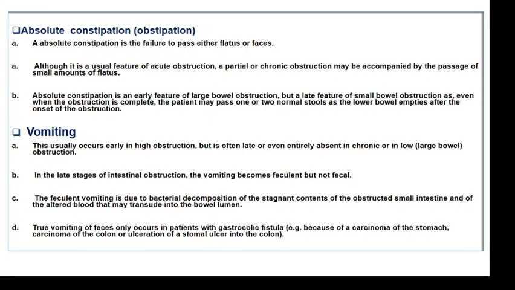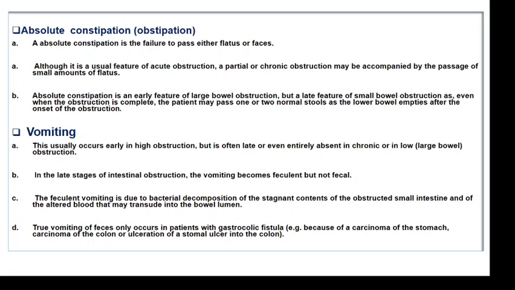Absolute constipation, or what we call obstipation, means there will be failure of passage of feces and flatus. Although this is a usual feature of acute obstruction, partial or chronic obstruction may be accompanied by passage of a small amount of flatus.